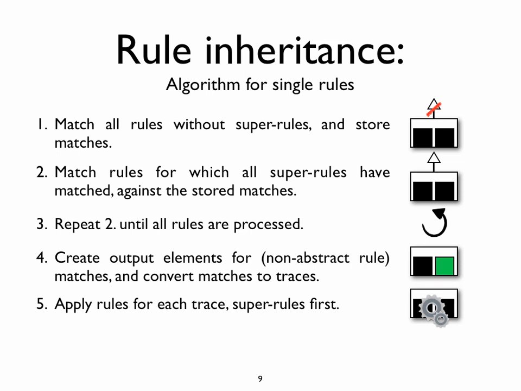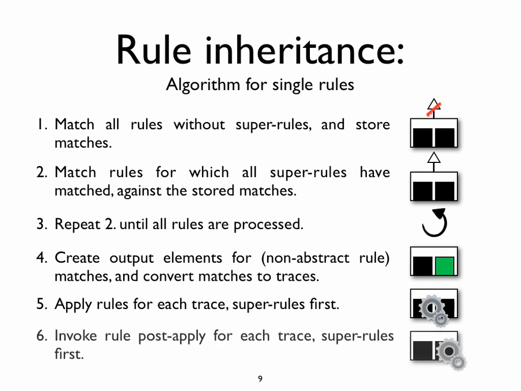And rules are applied also in the inheritance order in which they are specified, depth first, if you want to know. Then there's a post apply that basically follows the same strategy. So post apply allows you to do a second pass after you created your model. Same thing, as for applying also counts here. So it's same strategy.